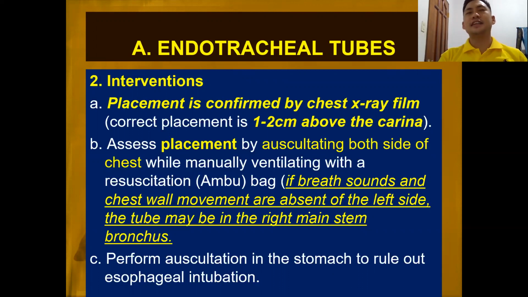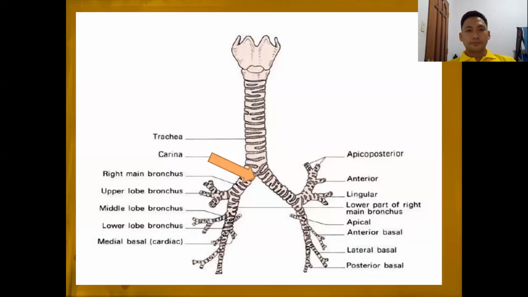So, there is a tendency na mistakenly doon ma-insert sa esophagus. So, kaya nga, dito sa both lung fields and ang last sa stomach. That is to confirm na hindi siya na-insert sa esophagus. Because pag sa esophagus, kahit ilang pump, walang oxygenation ng pasyente, nagtataka ka na bloated na ang pasyente.